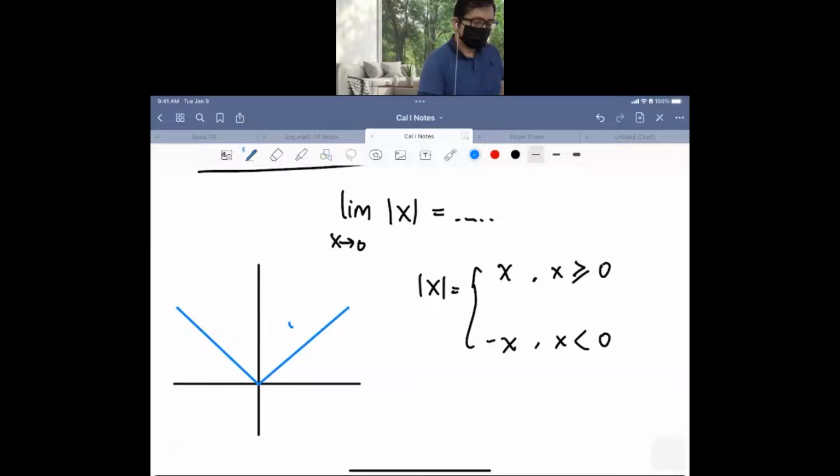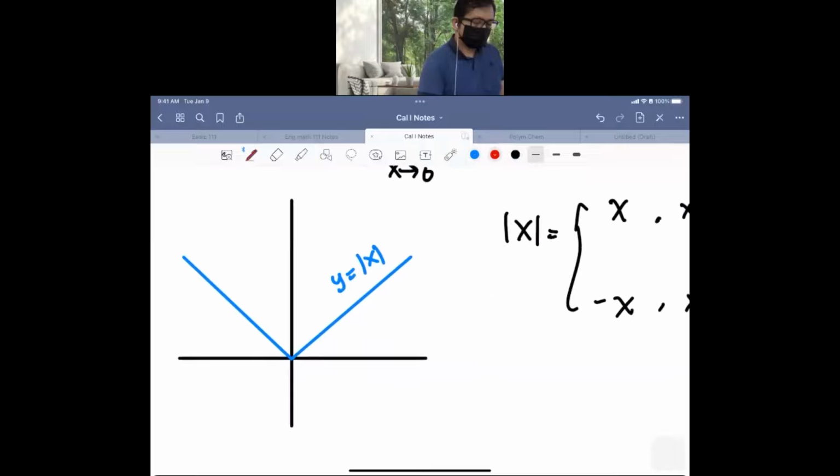Okay. So this will be y equals the absolute value of x. So there will be a component here that is not really curvy, but just a sharp point. Okay, we call it a sharp point. Now in terms of limit, we can analyze from each side.